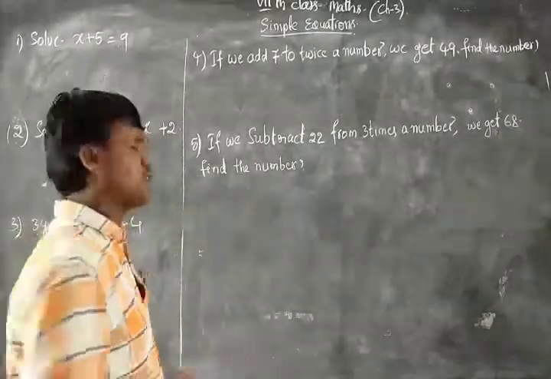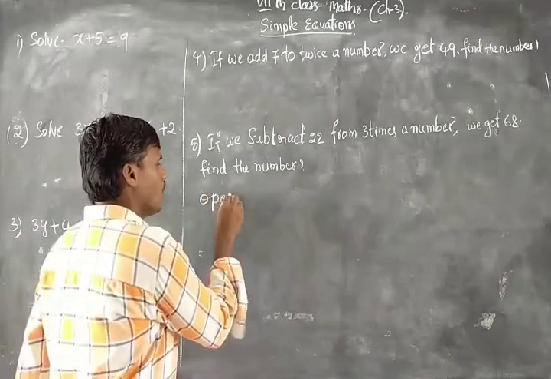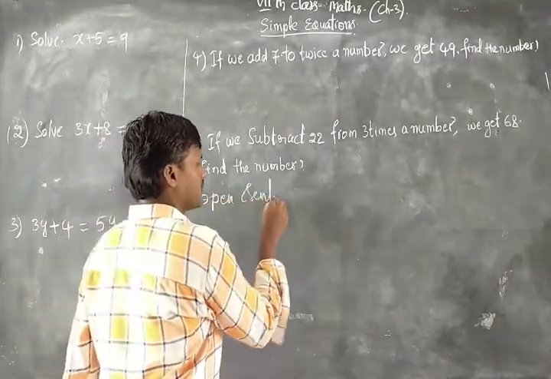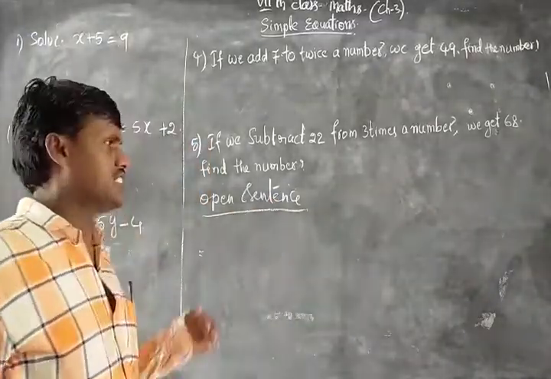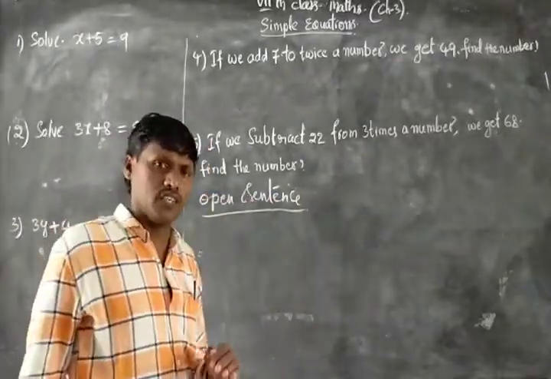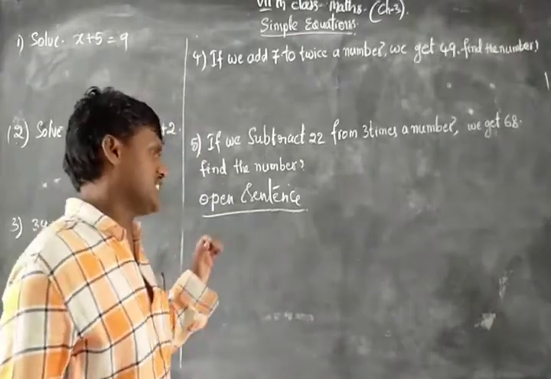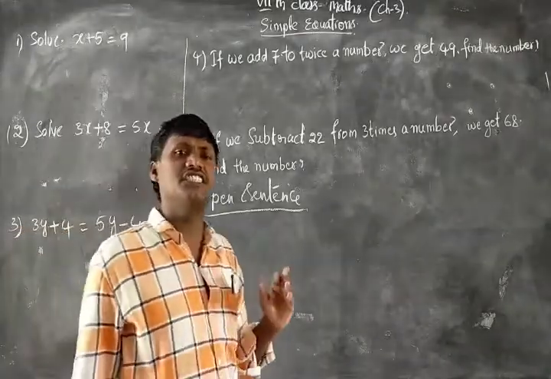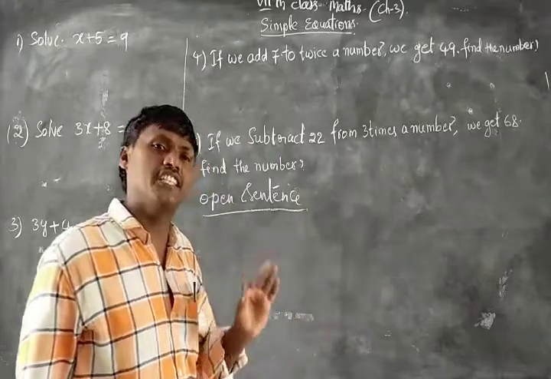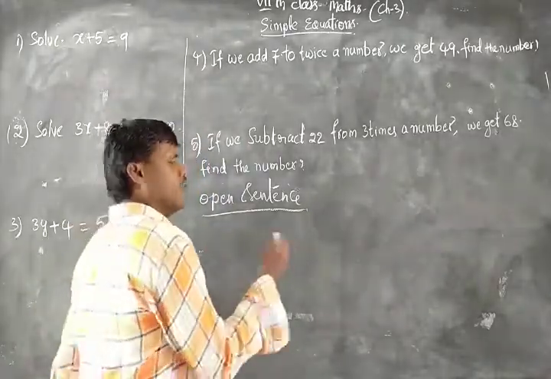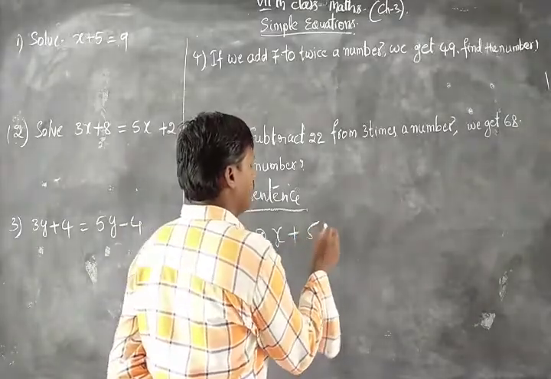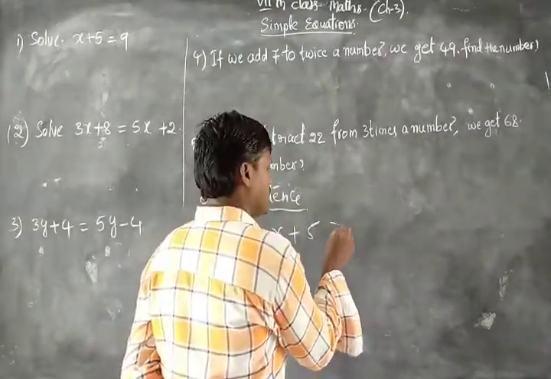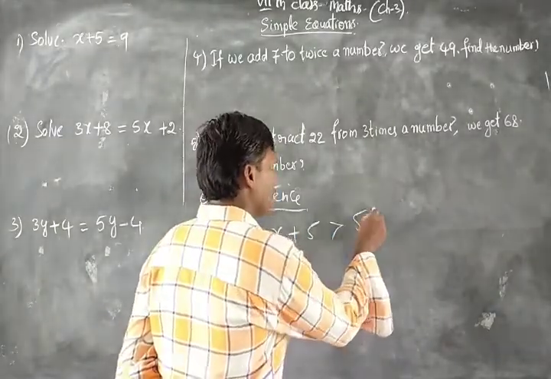Next one, open sentence. What is an open sentence? An open sentence is a sentence which cannot be verified as either true or false. For example, 2x plus 5 is greater than 5.